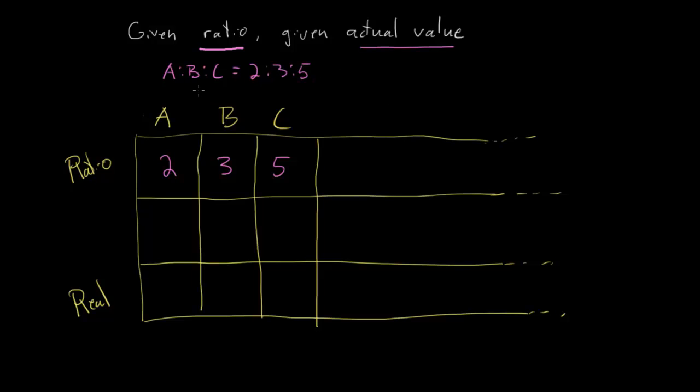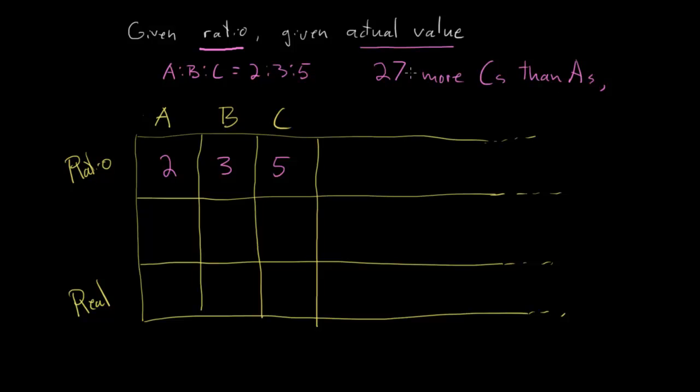Maybe the question is, George goes to the store, buys apples, bananas, and cherries in this ratio, and he comes out of the store with, let's say, 27 more cherries than apples. So a little different. 27 more cherries than apples.